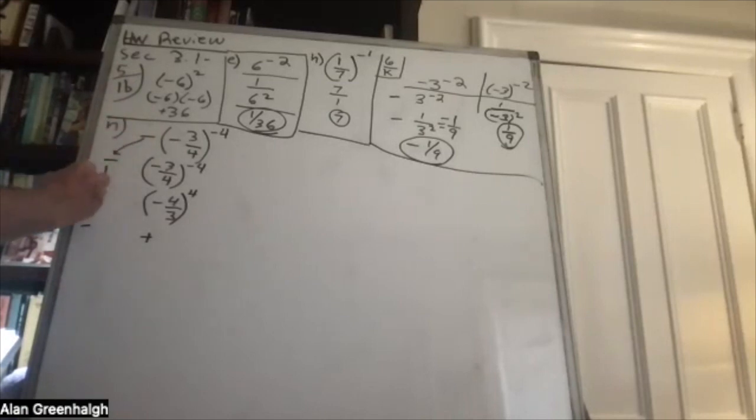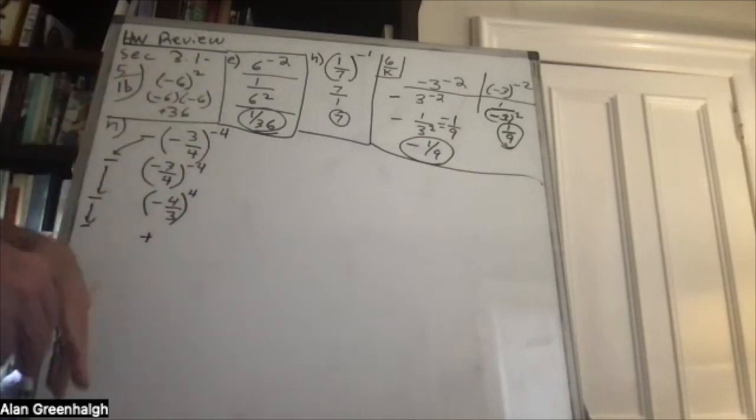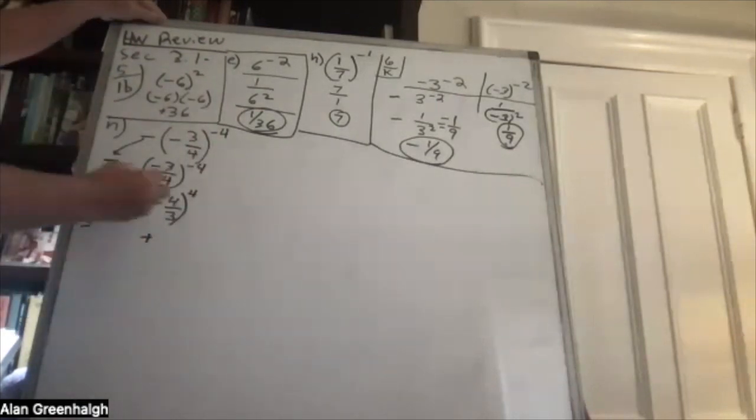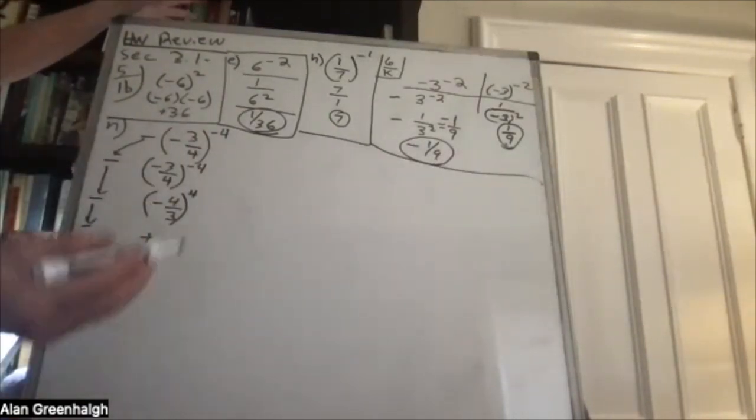This negative just kind of is hanging out until the end of the problem. This negative has a very easy job. It's just sort of hanging back, watching TV while everything else is going on. And then when the problem is all done, it's put back into the problem. Now, 4 to the 4th power.